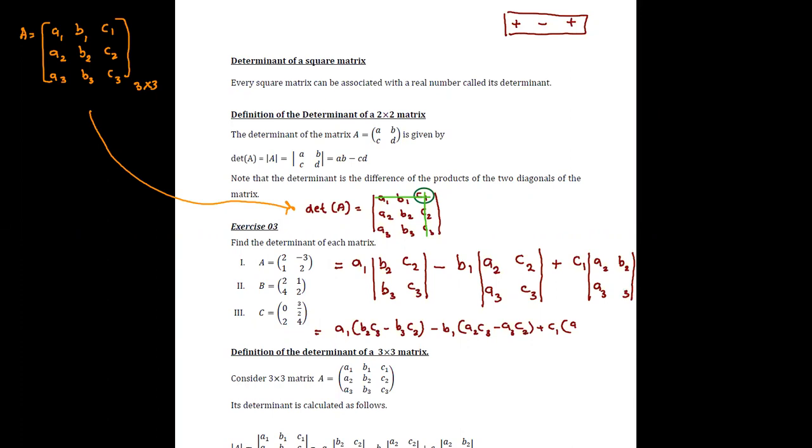This value should not be C3, it should be B3. It is because we have cut off the first row with third column. Therefore, remaining elements are A2, B2, A3, B3. Then we can take this as A2 with B3 minus A3 with B2.